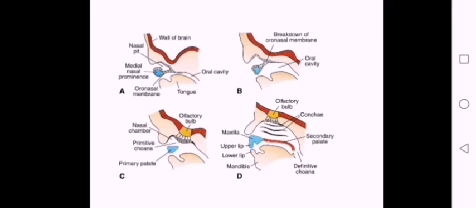So again, some of the epithelium in the roof of the nose becomes specialized into olfactory epithelium, and their axons elongate to form the olfactory bulb, which will be connected to the brain.